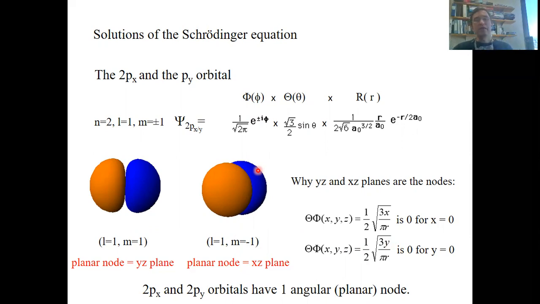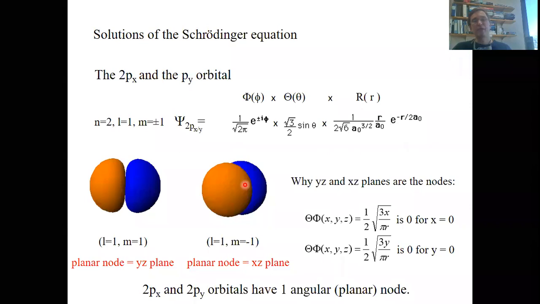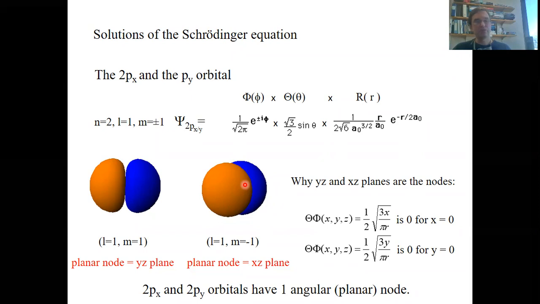So this explains why both the py and the px orbitals also have dumbbell shape, but they point into the y and the x direction, respectively. Now we have explained the shape of our 2p orbitals.